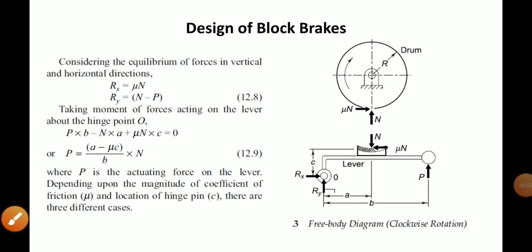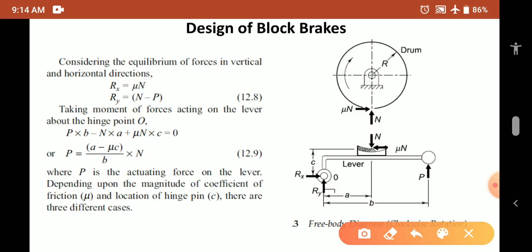Now considering the equilibrium of the forces in vertical and horizontal directions, when we consider this is in equilibrium condition, this reactive force Rx in the horizontal direction, in the x direction, will be balanced by this mu N force.